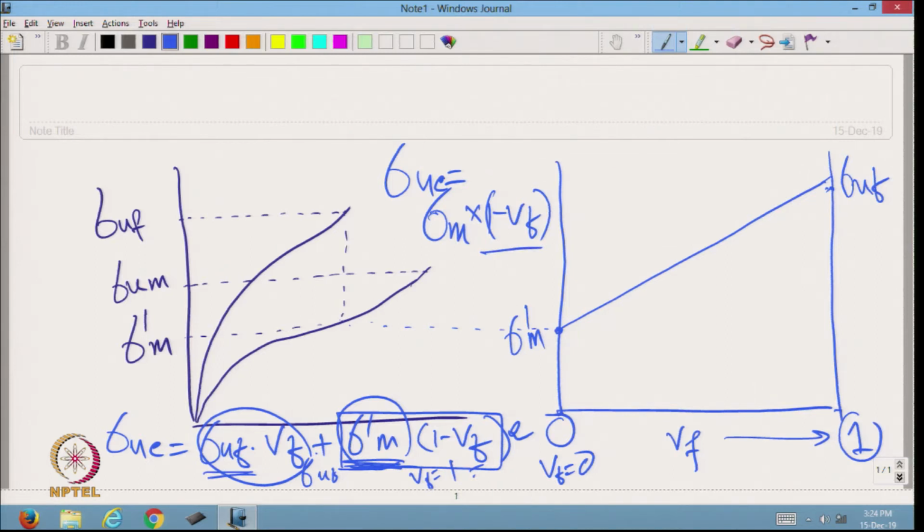Here if we put V f equal to 0, then this will become sigma u m. So, this is equal to this point.